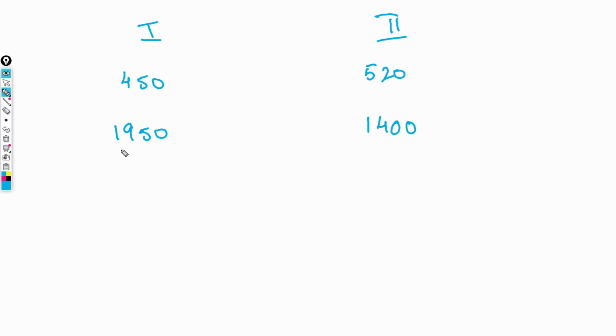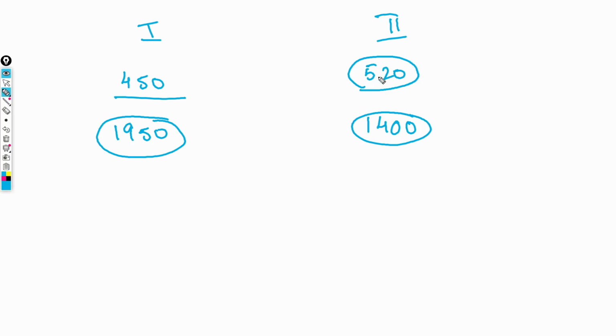So now if I tell you that you have to risk 1,950 rupees to earn 450 rupees, on the other hand, I tell you you have to risk 1,400 rupees to earn an expected return of 520 rupees, which one would you choose?